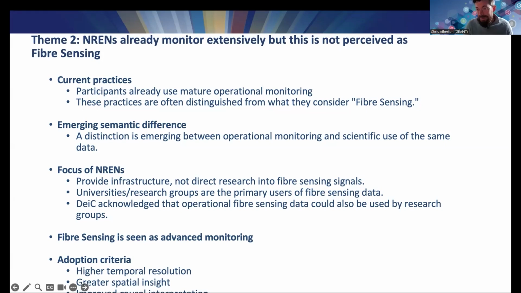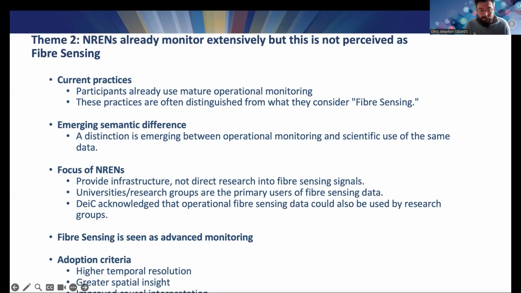So you can detect things like acoustic vibrations on a particular cable, which a normal OTDR isn't able to pick up. So there may be a link between the advancement in the technologies and the concept of using that new technology for operational purposes.